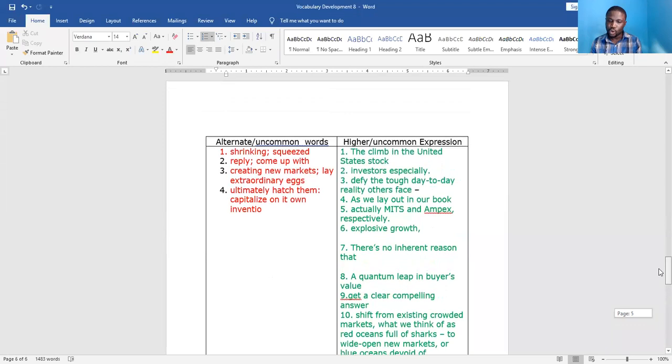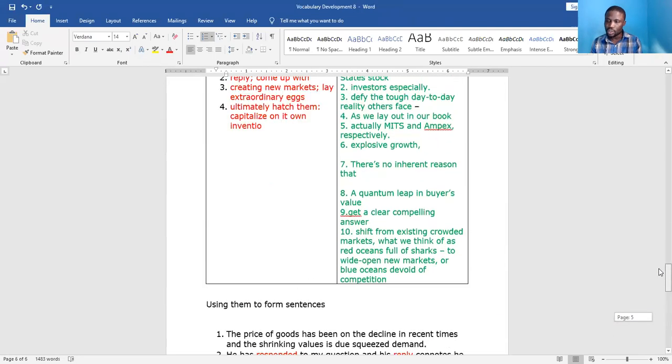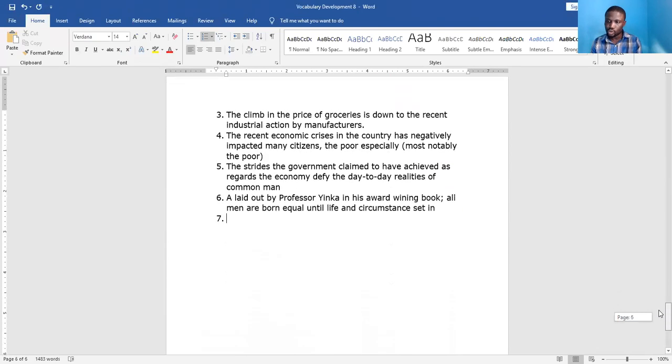Okay, so I want to use the word respectively. Well, I know it's common, but some people still don't know how to use it. The government needs to attend to the economy and the health of its citizens.